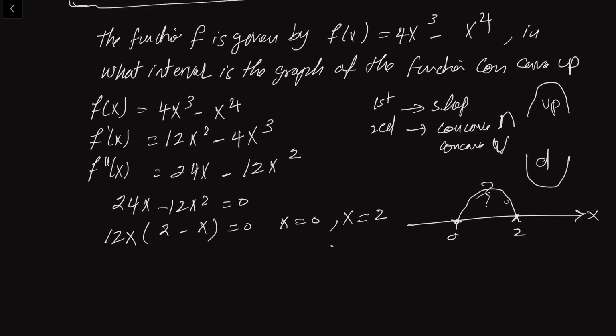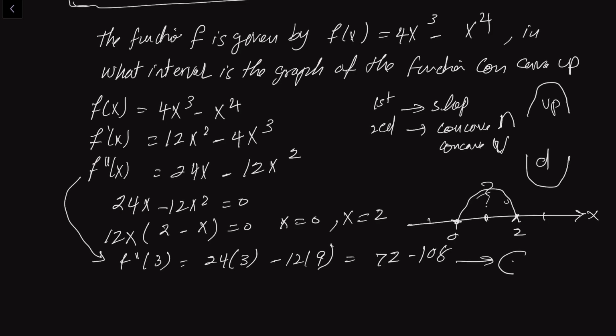Now let's pick some values inside and outside. Let's substitute into the second derivative of f at 3. It equals 24 times 3 minus 12 times 3 squared, that's 9, which is 72 minus 108, a negative value.